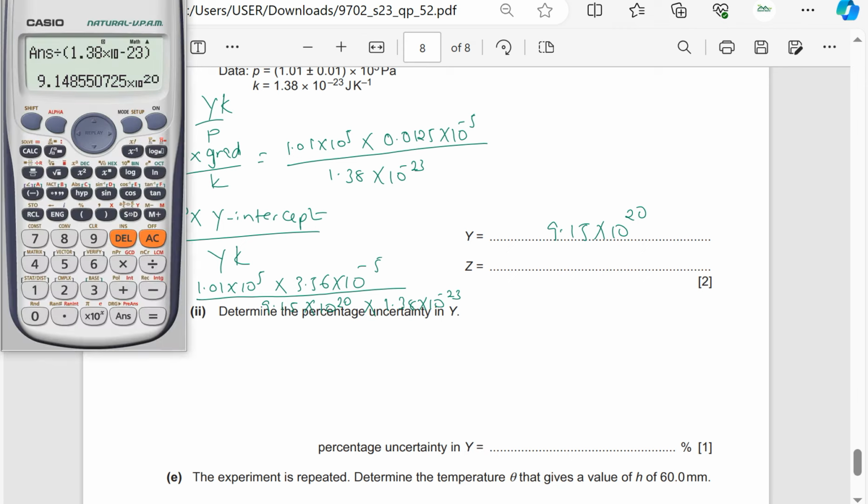Okay, I'll check with my calculator. 1.01 exponent 5 times 3.56 exponent minus 5.